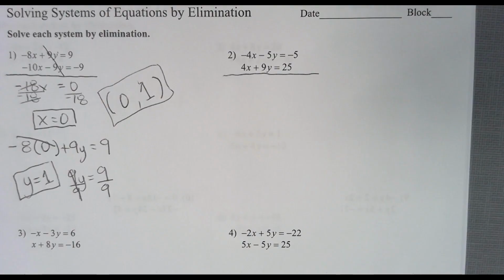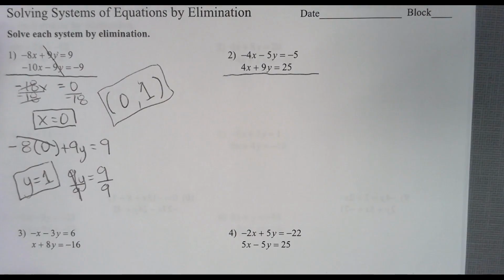Eliminating means goes away. X, because what is negative 4 plus 4? So y'all can just cross that. Okay, now I want you to combine straight down, bring down your equal, combine straight down. These cancel.